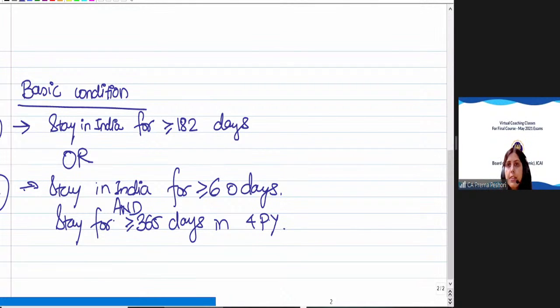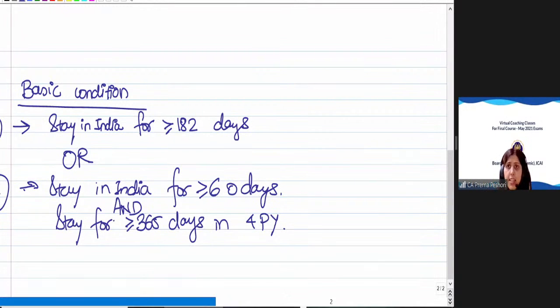So during the current year, you have to stay for more than 60 days, and during the last 4 years, you should be present in India for more than 365 days. So these are the two basic conditions for determining the residency of an individual in India. Clear up till now? Now, if you fulfill any of these conditions, you will become a resident in India.